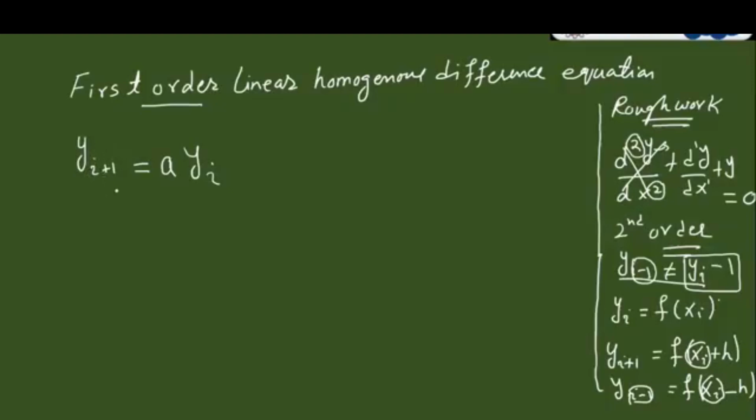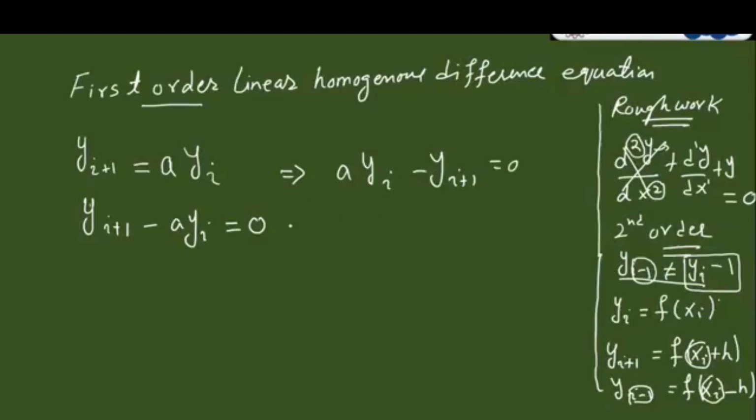So what does this mean? Any equation, I can write it different ways. I can write it like that as well: y_{i+1} minus a times y_i is 0, or the other way around, a times y_i minus y_{i+1} equal to 0. A number of ways can be expressed.